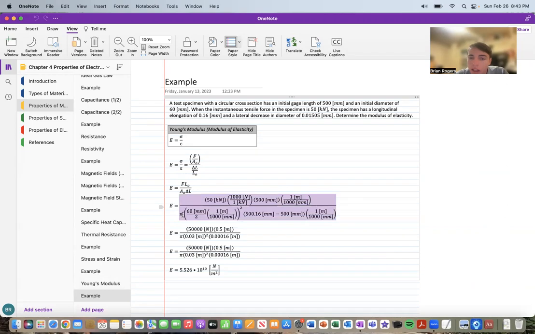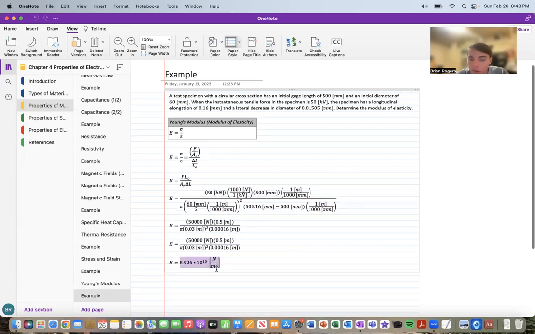Then our area, since it was a circular cross section, is pi times r squared, changing the radius to meters instead of millimeters. Then our change in length, how much we strained it, also converted into meters. Solving, this is what we get for Young's modulus.